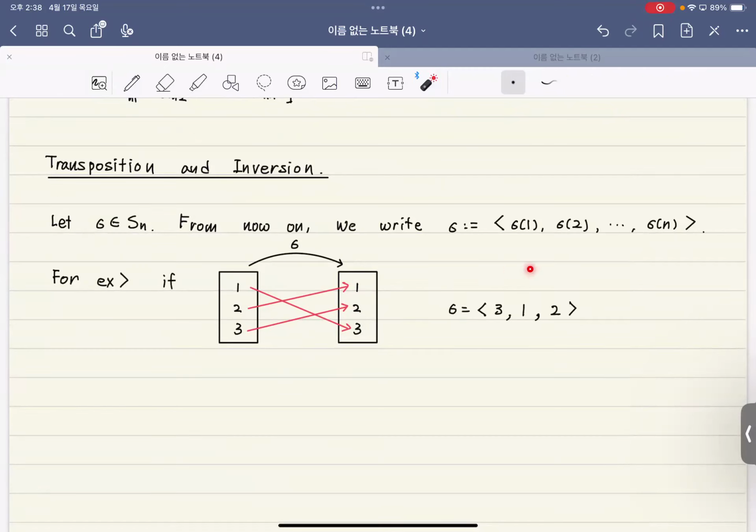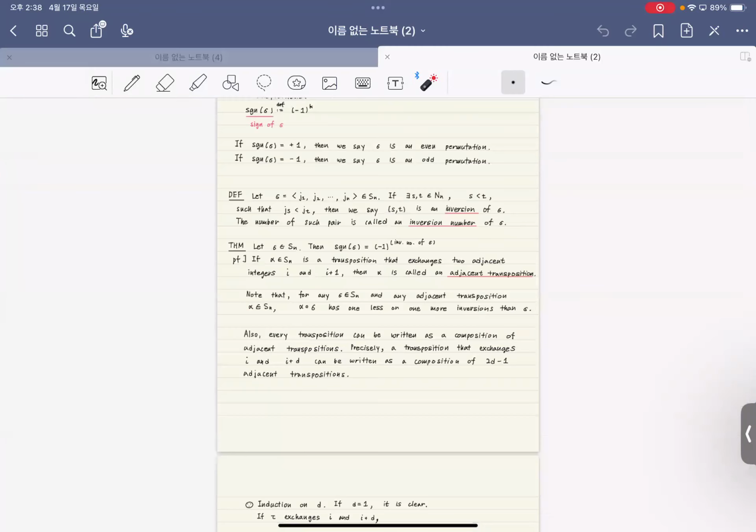And if we use this notation, then we can define a very interesting number for this permutation, which is called an inversion.